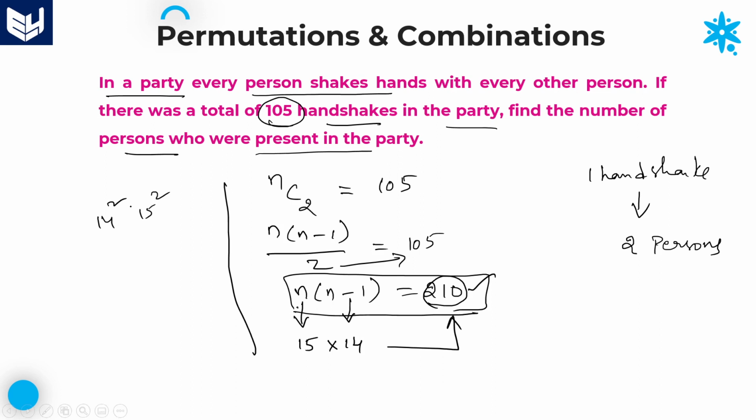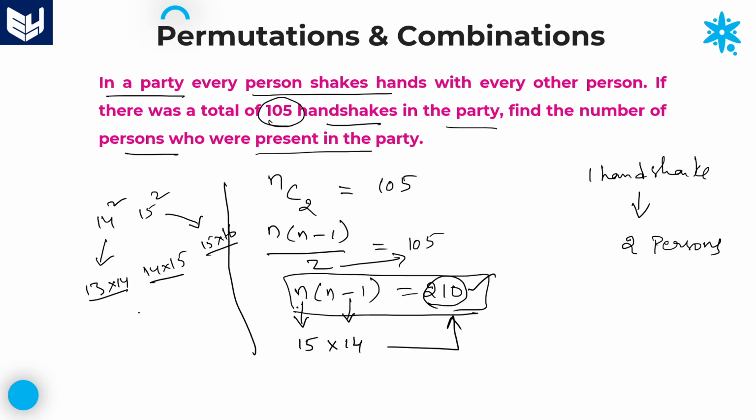As we are talking about the product of consecutive numbers, your answer is either a combination of 13 and 14, or 14 and 15, or 15 and 16. These are the three possible cases.